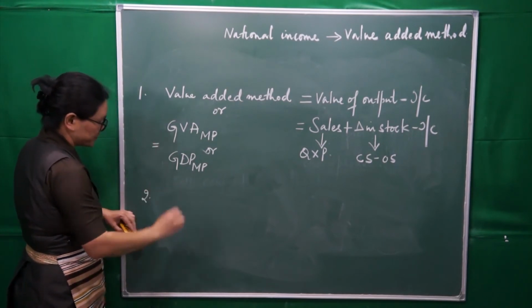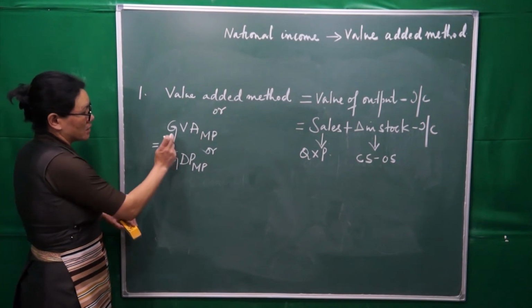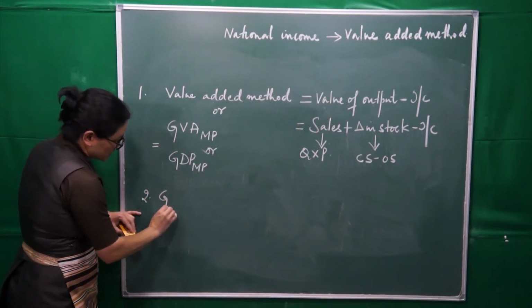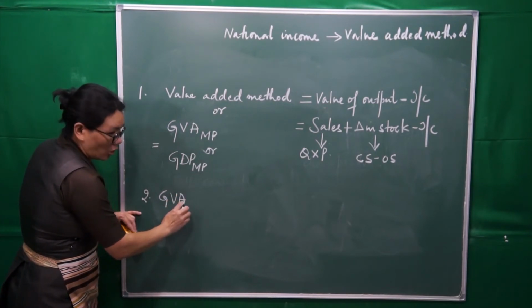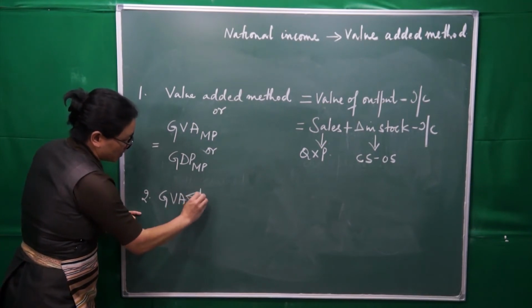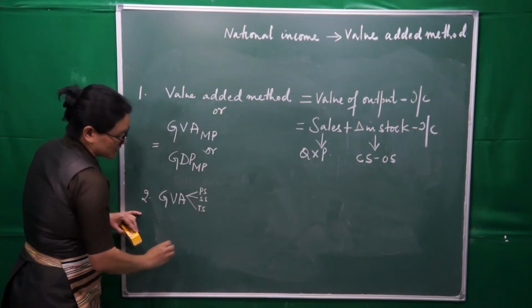Second one is, we said gross value added at MP is what? Gross value added by all the sectors, right? That is 3 sectors. We have to sum up primary sector, secondary sector, tertiary sector.